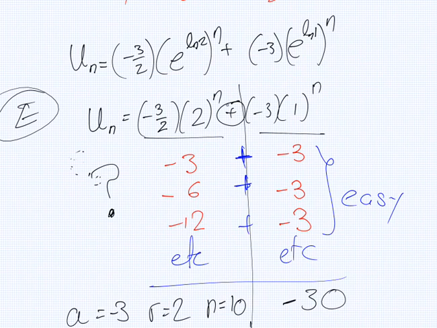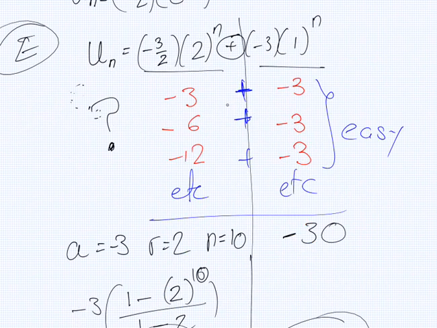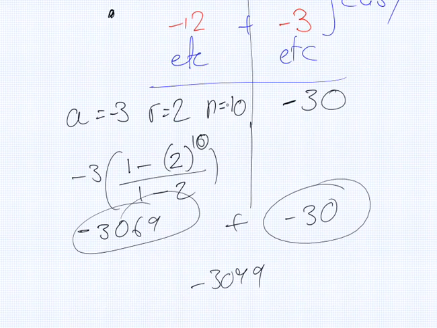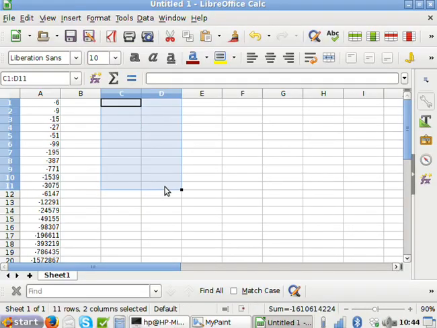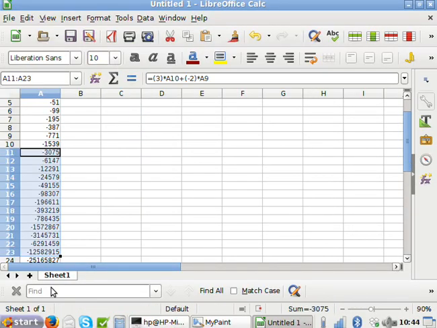Now I can clean this up a little bit because what happens with the e and the log? They cancel. So I have un equals minus 3 over 2 times 2 to the power of n plus minus 3 times 1 to the power of n.